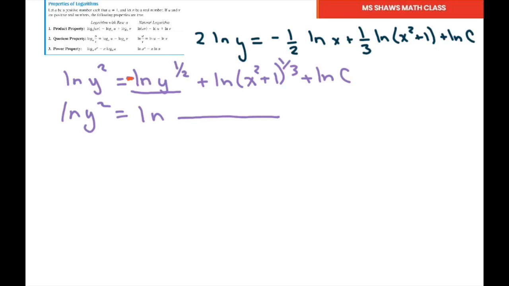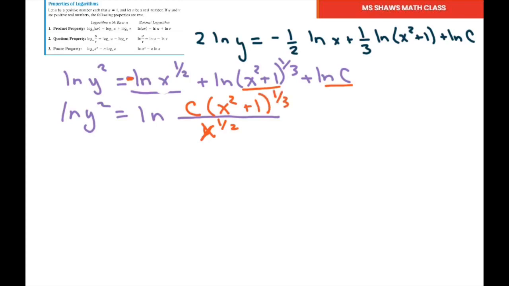If it's positive, it goes in the numerator. So we put this in the denominator, so that's x to the 1/2. Sorry about that, that's an x. And these two we're putting in the numerator, so we're going to write c times x squared plus 1 to the 1/3.